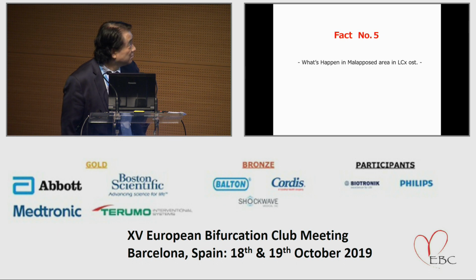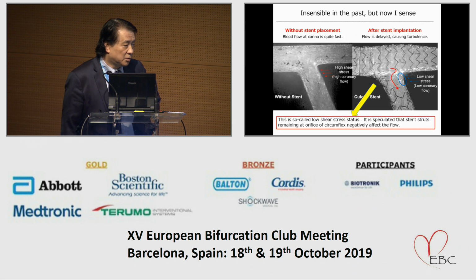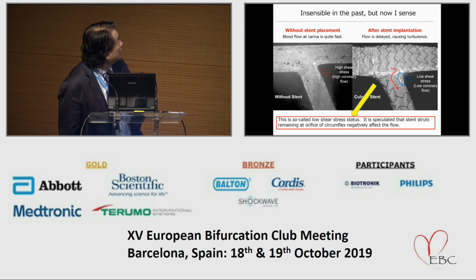Fact number 5. What happens in the multiple stent area? We also did a collaboration study with Tokyo University of Science on flow dynamics. Actually, this is just an experimental model. Anyway, the left panel shows no stent, the right panel shows the stent. There are 2 stents, with multiple struts. We can easily understand.